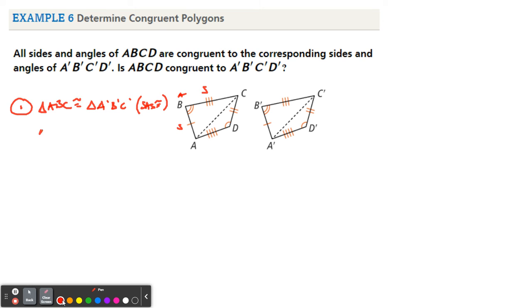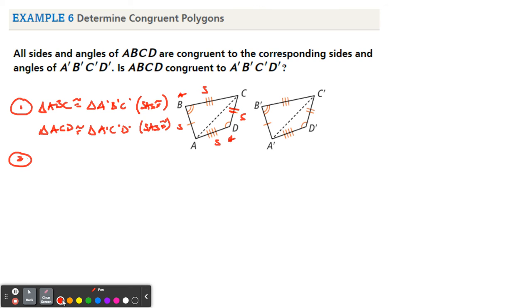We also know that triangle ACD is congruent to triangle A prime, C prime, D prime, and that is also by side, angle, side. Okay? So we have two pairs of congruent triangles, side, angle, side.